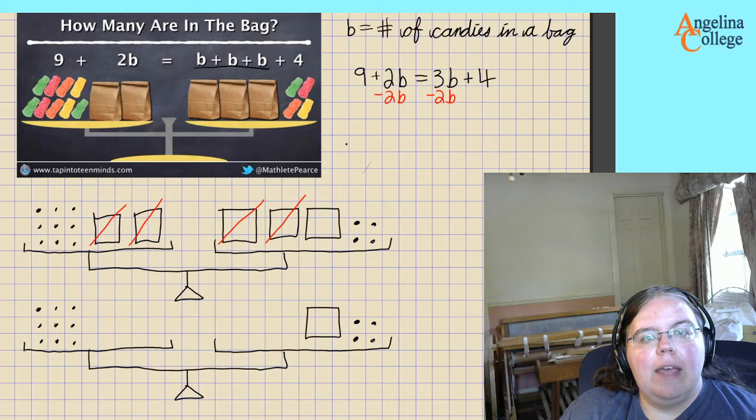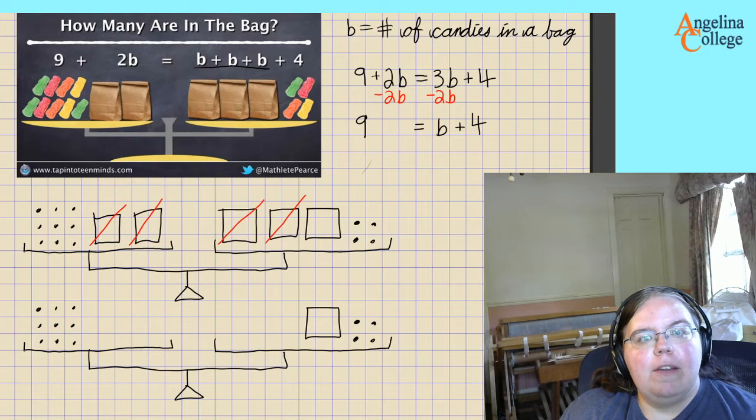And then what we have here is that 9 is the amount of candy in 1 bag and 4 more candies. But what we really want to know about is 1 bag. So we can take off 4 candies from each side, like so.